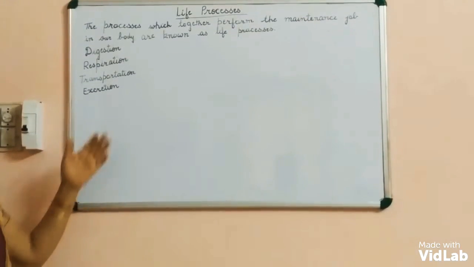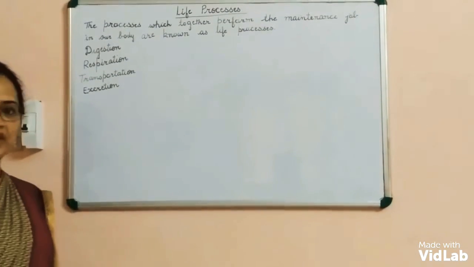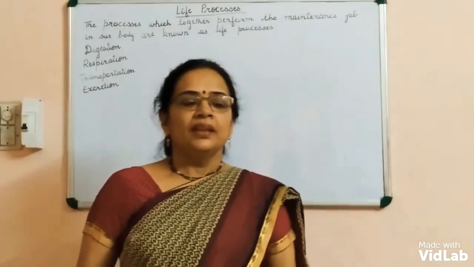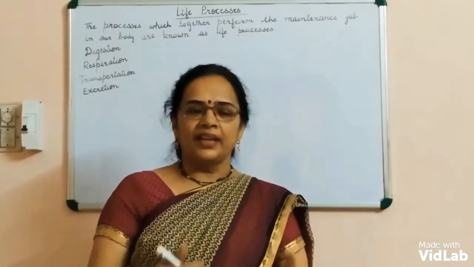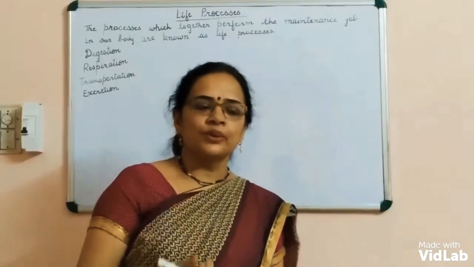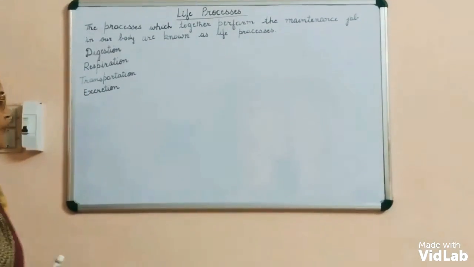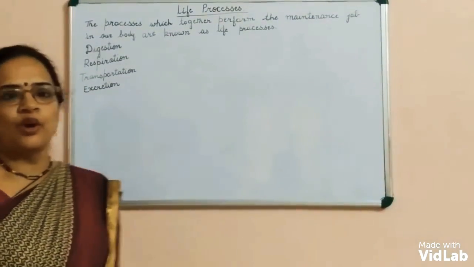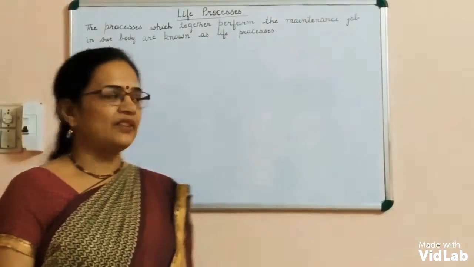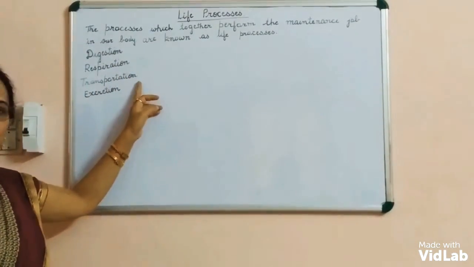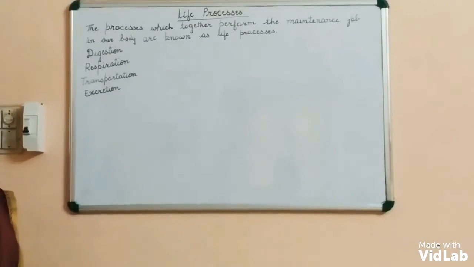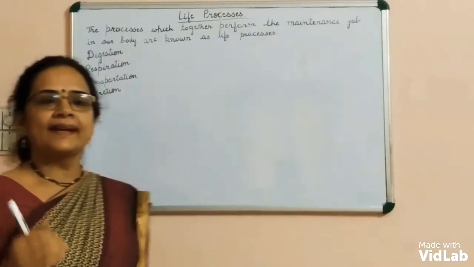Another important life process is transportation, that is, circulation. These nutrients are transported or circulated to the different parts of the body by the process of transportation, which we will study in the heart, blood vessels, etc. The next important life process is excretion.